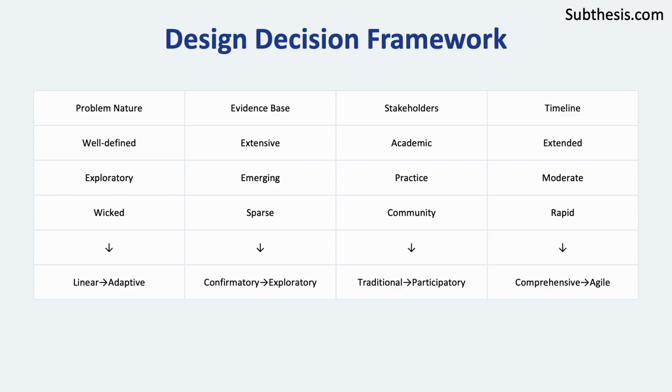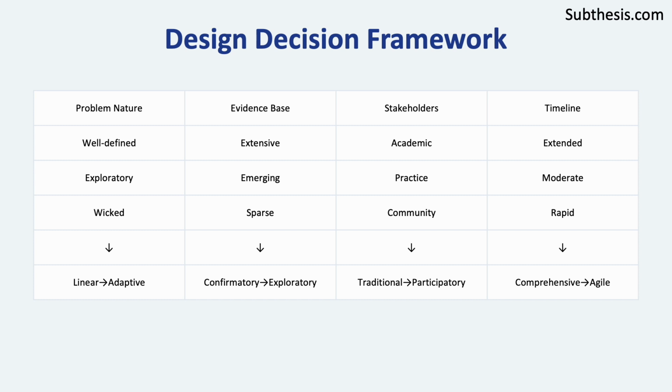The design decision framework helps you make strategic choices by considering 4 key dimensions. First, assess your problem's nature. Is it well defined, exploratory, or wicked? Second, evaluate your evidence base. Extensive, emerging, or sparse. Third, identify your stakeholders.